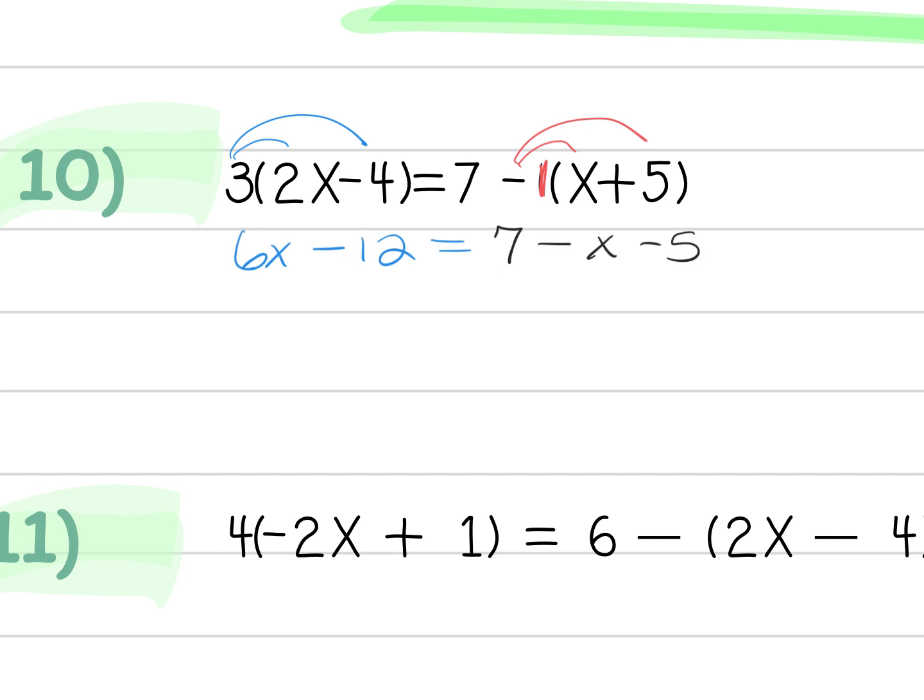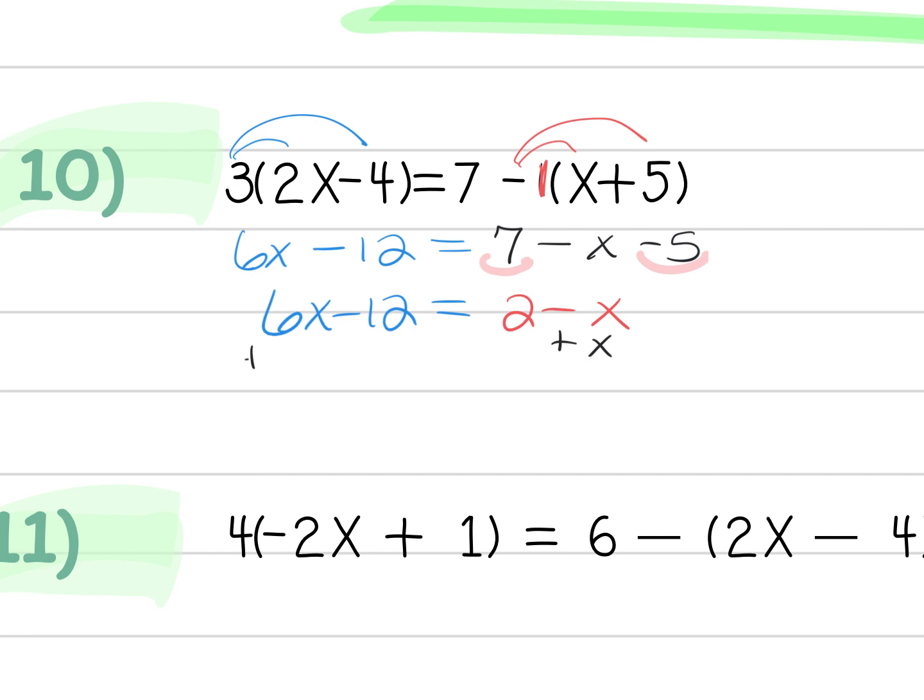And now I'm going to look for my like terms to combine before I start my inverse operations. Notice I have a positive 7 and a negative 5 that I can group together. So I have on the left side the 6x minus 12. And then on the right side, I have 2 minus x. And now begin your combining process.